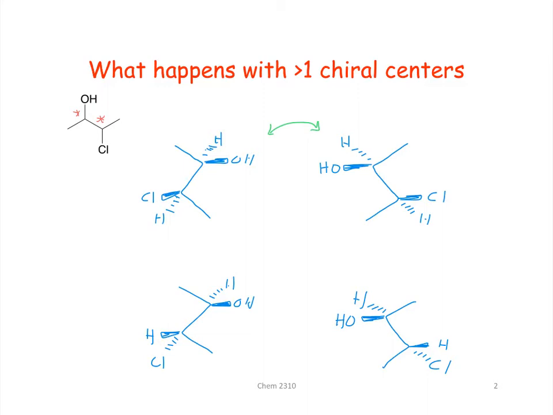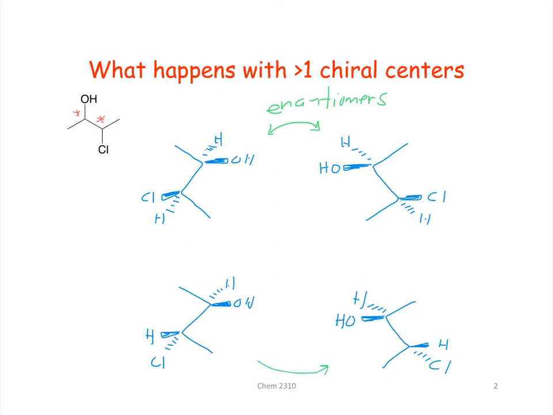Well, we drew them as mirror images, and then the question is, will they be the same or will they be different? These 2 are different, and so these compounds are enantiomers. They're stereoisomers that are mirror images.